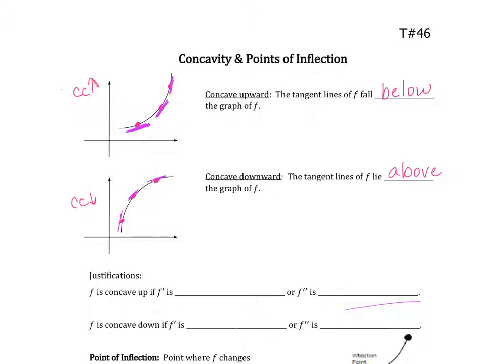It's getting steeper and steeper, so f prime would be increasing, and the same relationships are true between f prime and f double prime. So if we have a function that is increasing, then its derivative is going to be positive.